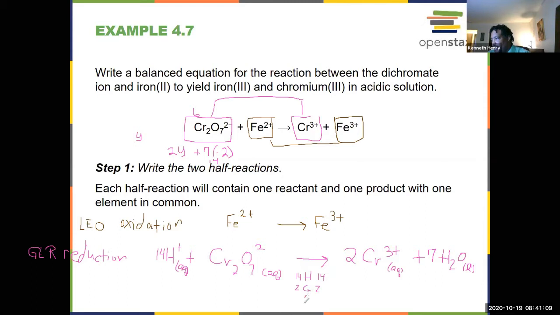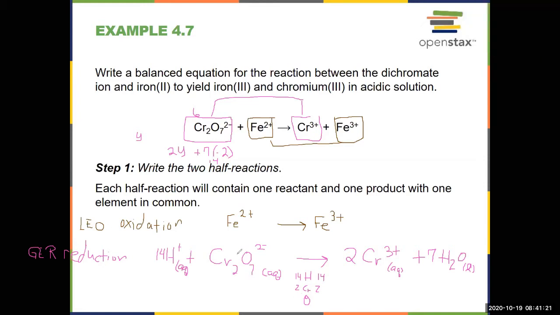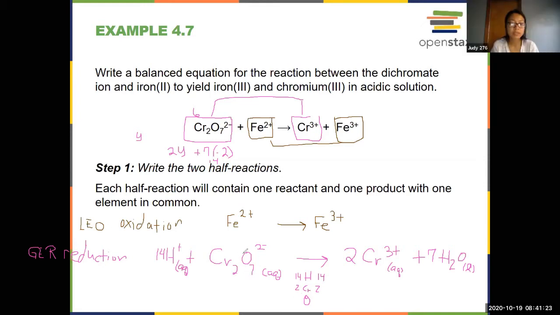And then oxygens. How many oxygens? 7. And then on the product side? 7. Okay, so our elements are balanced.